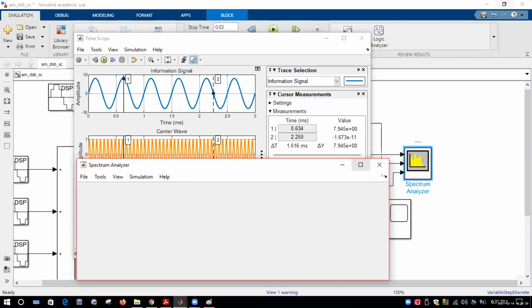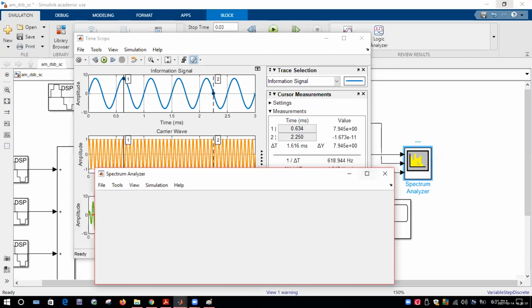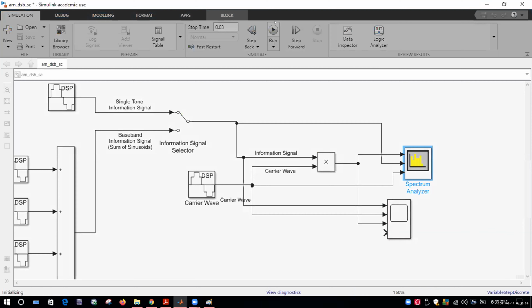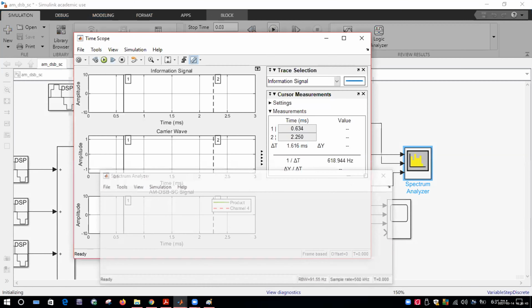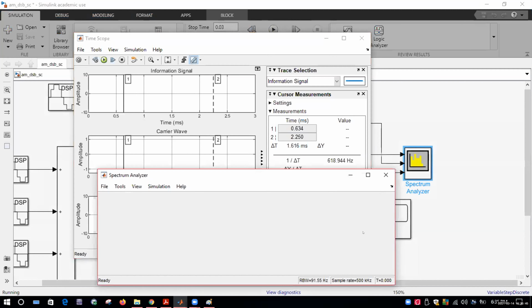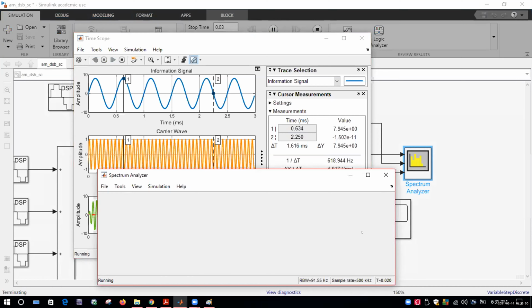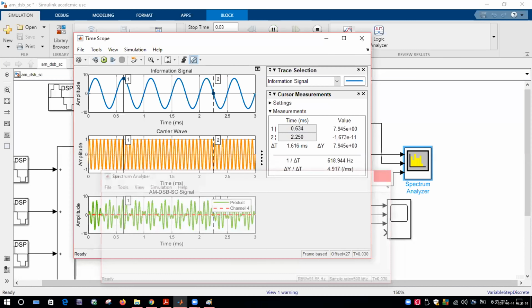What happened? Oh, there is something wrong with this analyzer. It doesn't work here. I have to simulate it again. Sometimes it doesn't work.